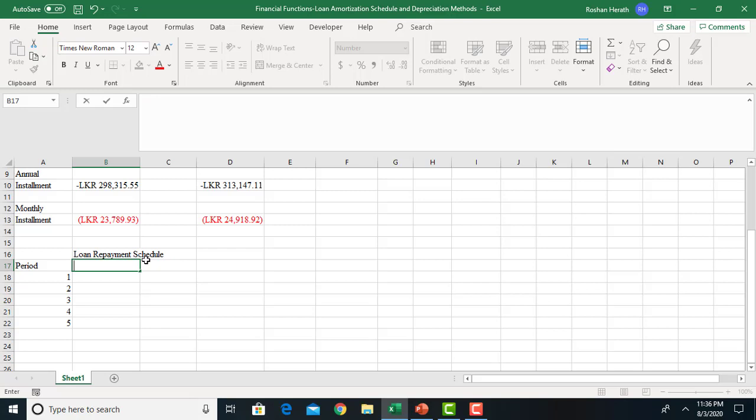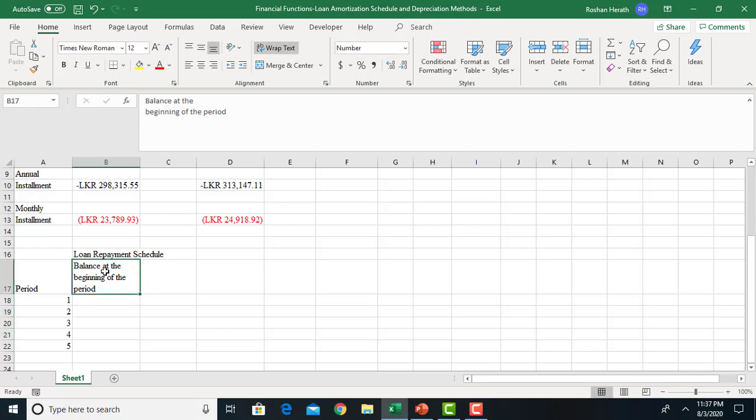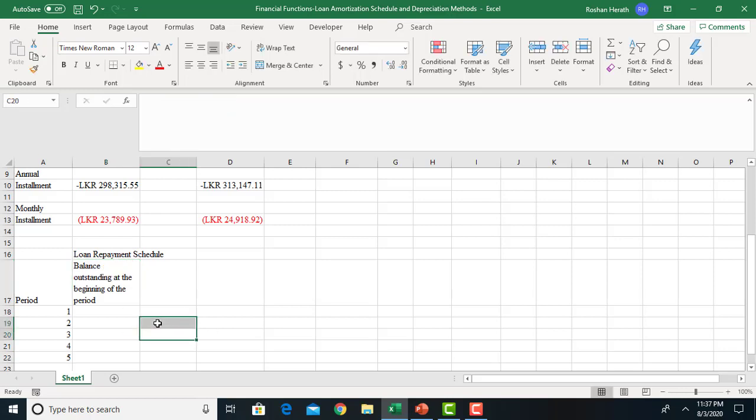And then most importantly, the loan balance at the beginning of the period. Balance at the beginning of the period. Balance outstanding, you can even say, since it's a loan, balance outstanding at the beginning of the period.